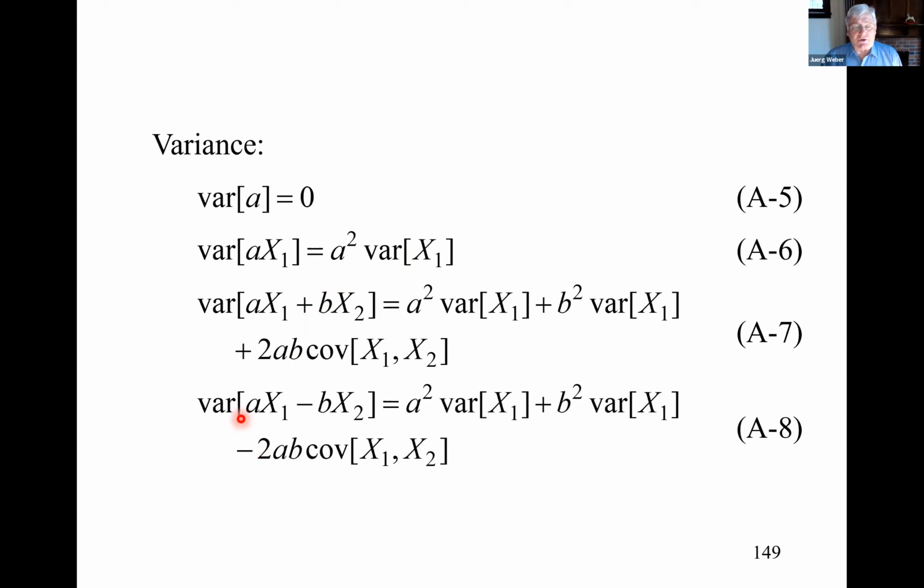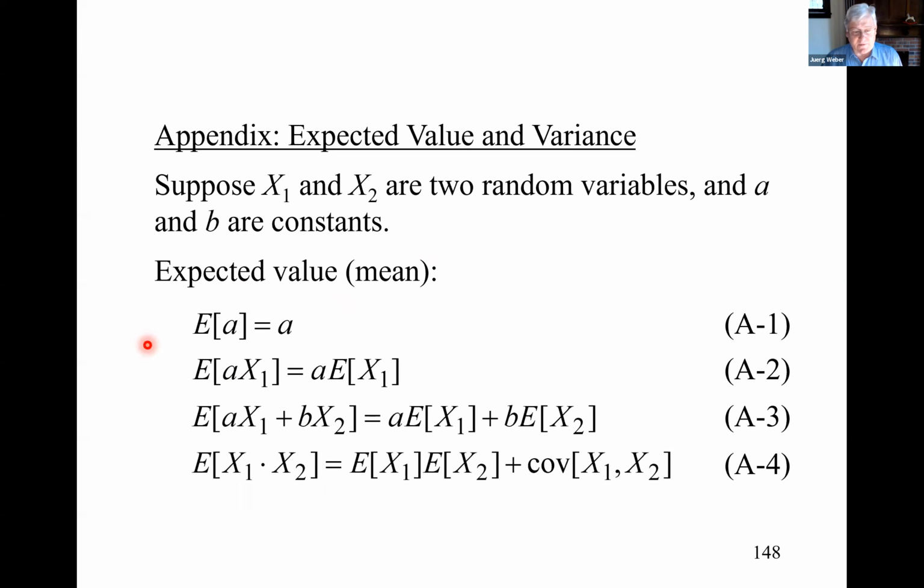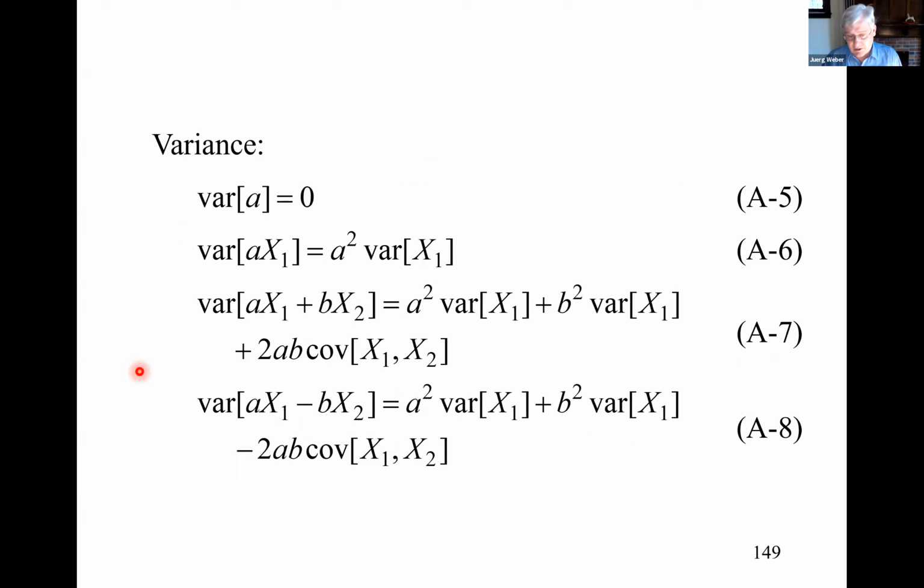Now, the variance of a product, that's more complicated, and I will not discuss it here. The expected value of a product of random variables, that's actually still relatively easy. But the variance of a product is actually more difficult.